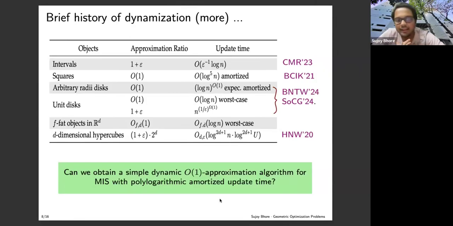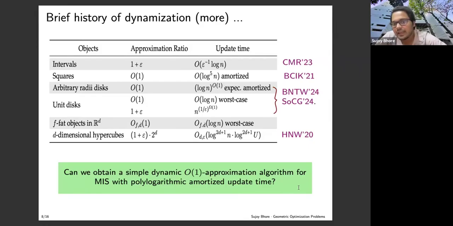So here actually we want to squeeze this a little bit more, and we want to say that, okay, not just sublinear, can you get us to polylog? Because if you notice, for the case of arbitrary radii disks, from SOSA last year, we had a constant factor approximation with polylog expected amortized update time.